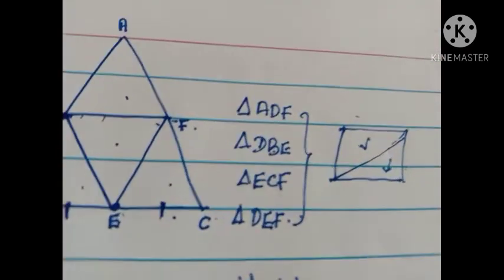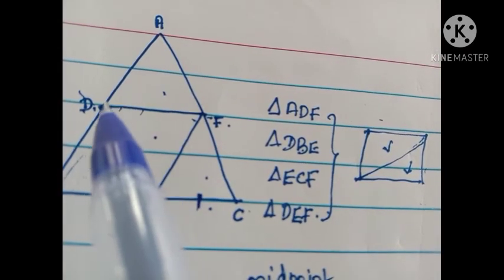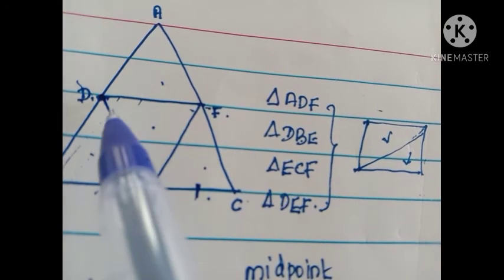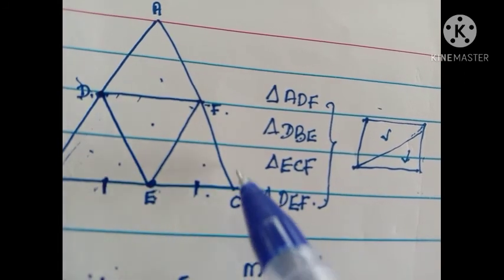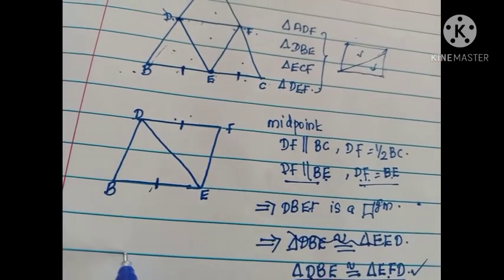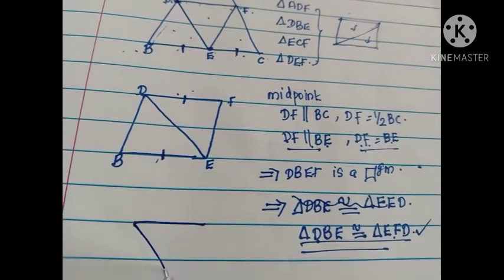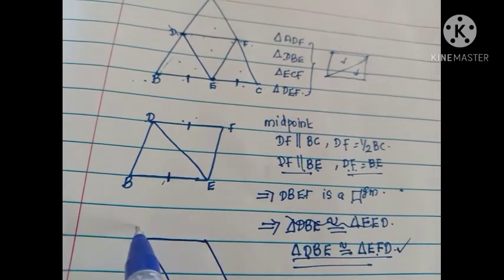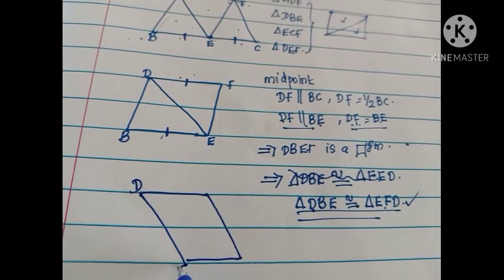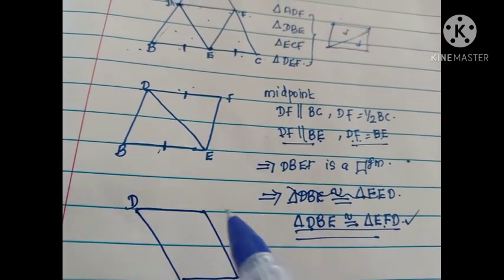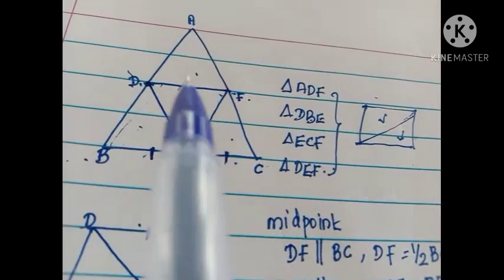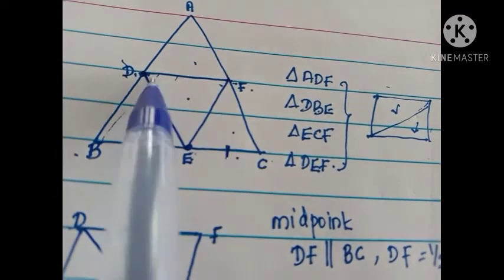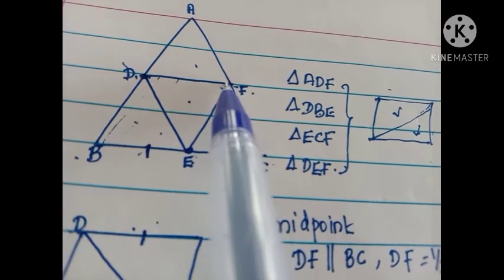Okay. Similarly, from this figure, consider this quadrilateral DECF. I will draw. Look at the figure, DECF. Again, the DF line is a line segment joining midpoints.